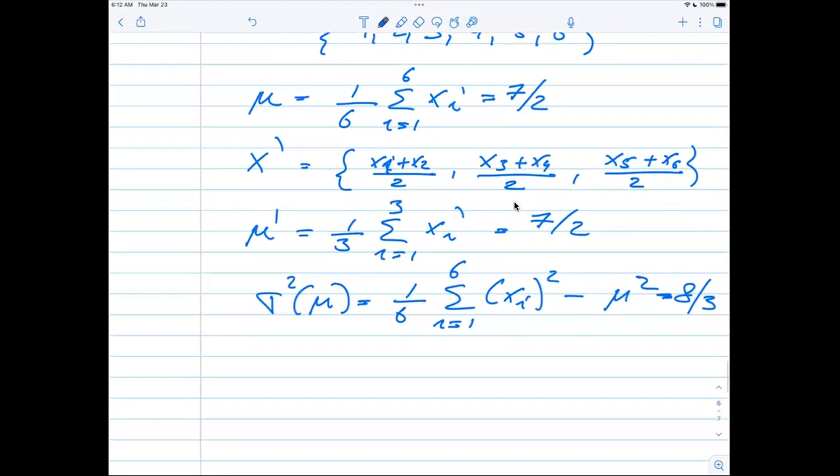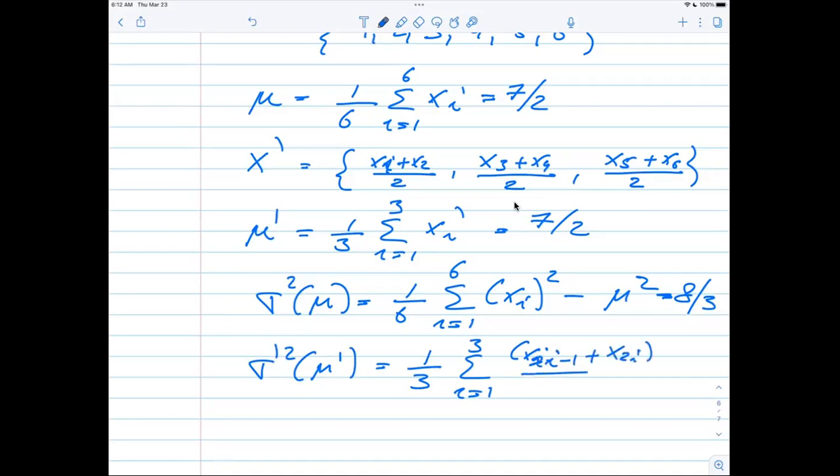Then I can calculate the new variance, sigma prime squared, with mu prime. And that is given by 1 divided by 3. And then I have a sum i equal 1 to 3 here. And then I have x of 2i minus 1, plus x of 2i here, divided by 2, squared. Actually, this should be squared. And minus this mu prime squared.